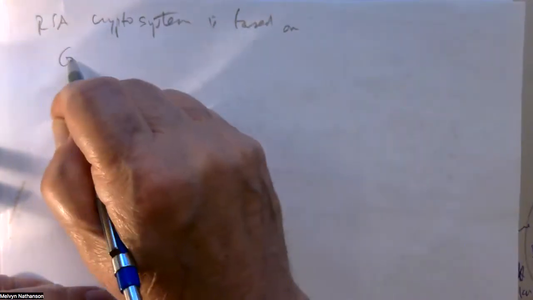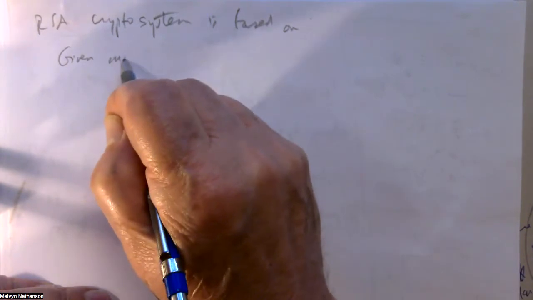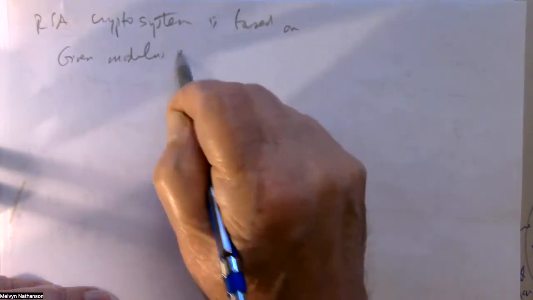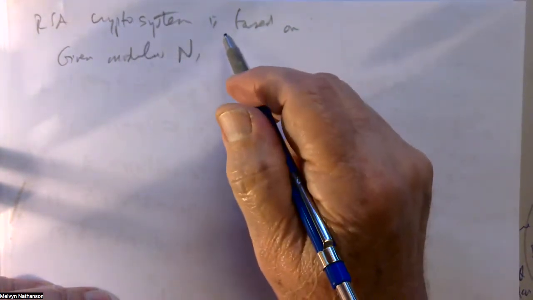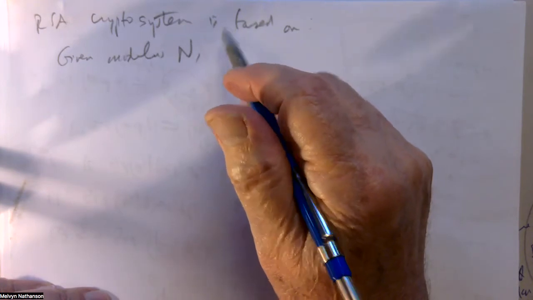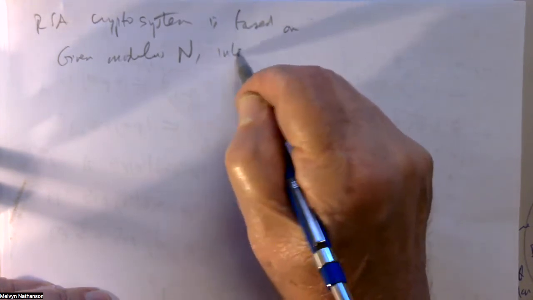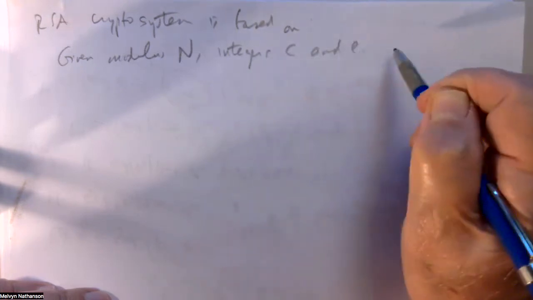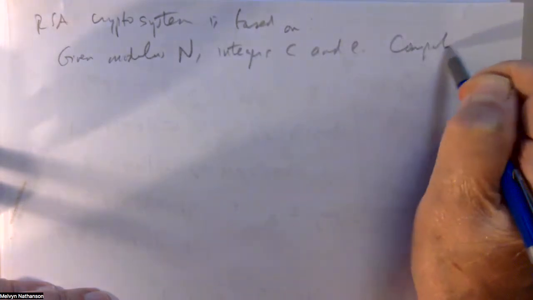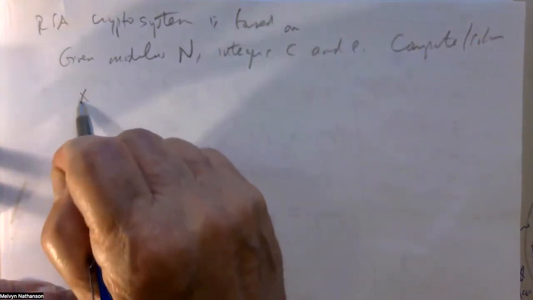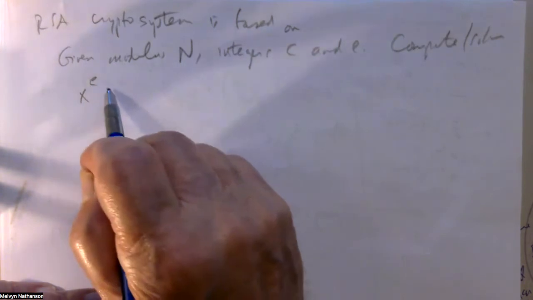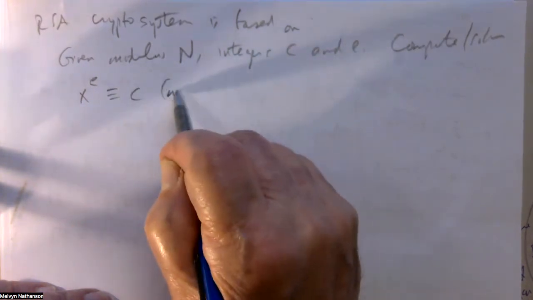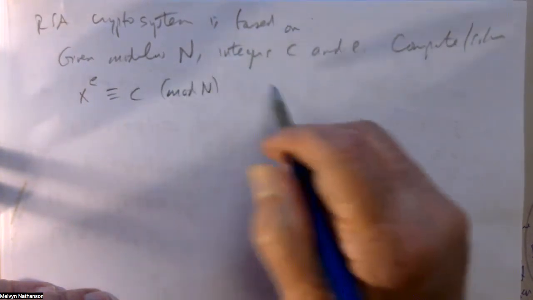So we're given a modulus n and positive integers c and e. Compute or solve the congruence if you can: X to the e is congruent to c mod n.